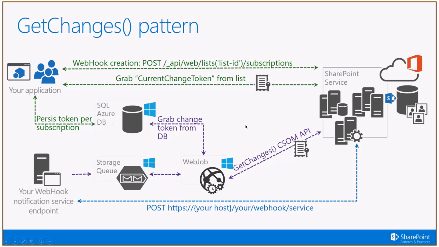After the web job did its thing, after you called get changes and processed all of them, you simply persist the last used change token that you got back into the database. So next time, you only get the changes as of this processing, which is a clean model to deal with get changes in SharePoint. Sure.